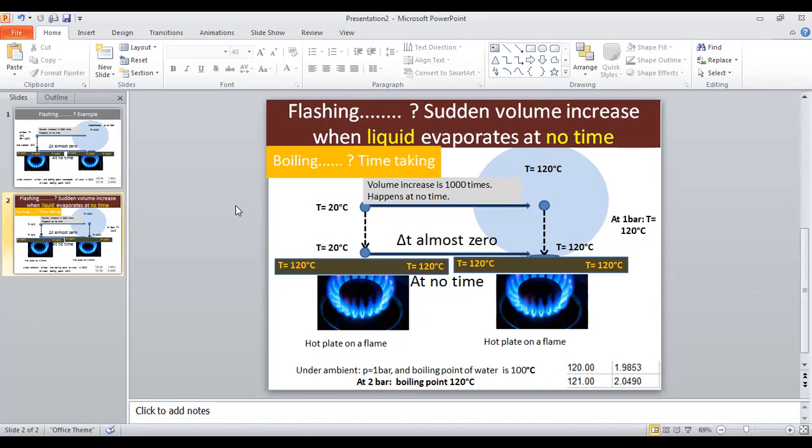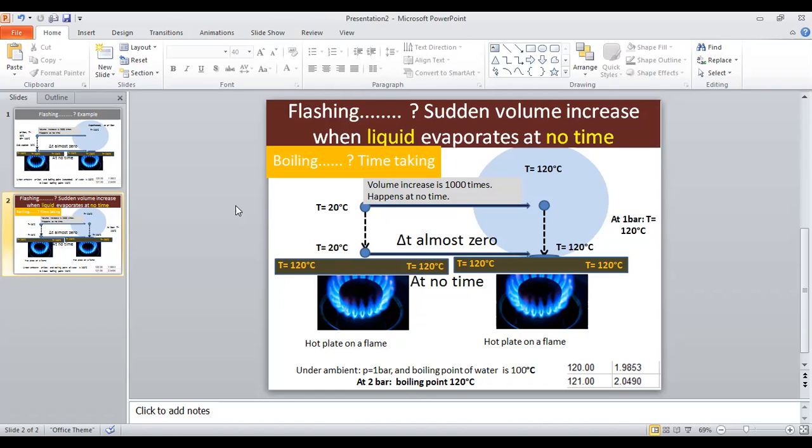For that hot oil, sometimes you put onion and all, and immediately you hear this noise, the flash noise. What is that? Because of the water in onion and all. Somehow there is water, even if you have not seen it. There is 80% water in vegetables.